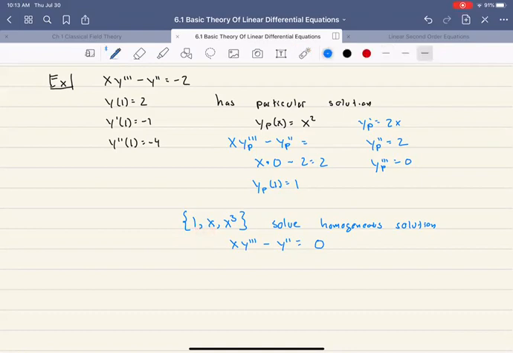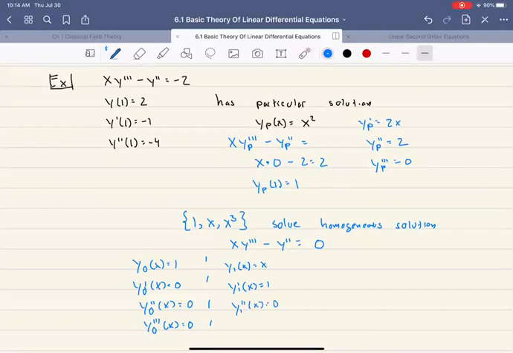So let's write that y0 of x is 1, y0 prime of x is 0, y0 double prime of x equals 0, y0 triple prime of x equals 0. Let's take y1 of x equals x, y1 prime of x equals 1, y1 double prime of x equals 0, y1 triple prime of x equals 0. So these two trivially solve this homogeneous equation.